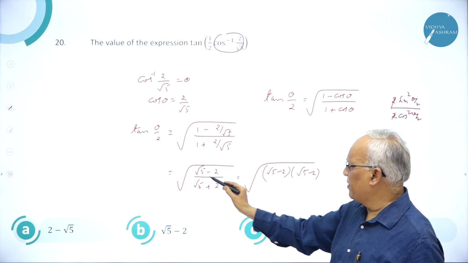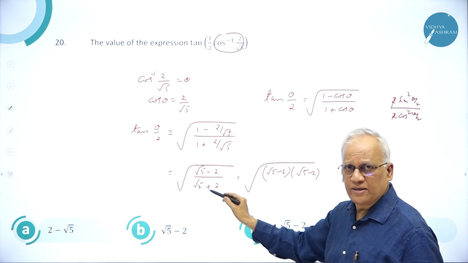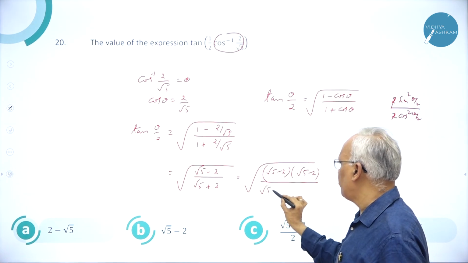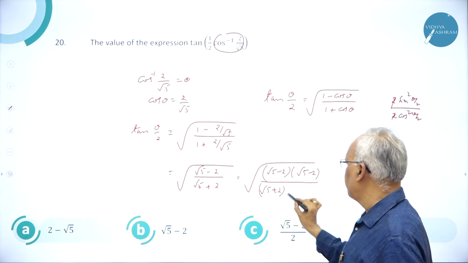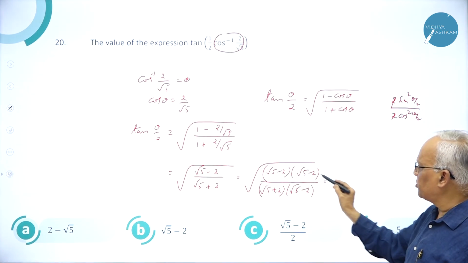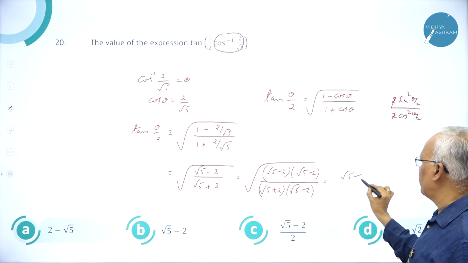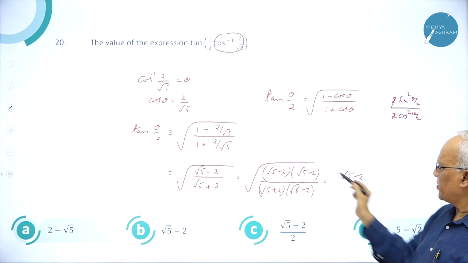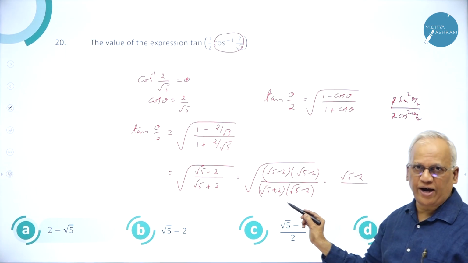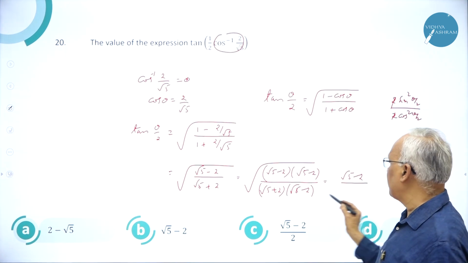I multiply and divide by this rationalizing factor of this denominator. Denominator root 5 plus 2 into root 5 minus 2. Directly I write root 5 minus 2 whole squared under root divided by, this is easy, root 5 whole squared is 5 minus 2 squared is 4, 5 minus 4 is 1.